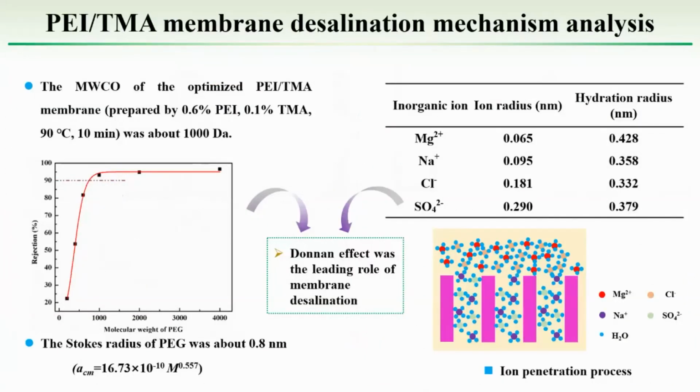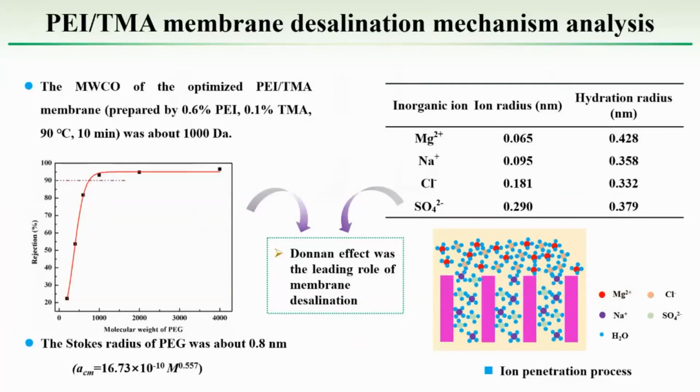We believed that the Donnan effect had played a leading role in the separation process. The loose pore size is not enough to block hydrated ions. The PEI-TMA membrane separation did not depend on pore size screening.